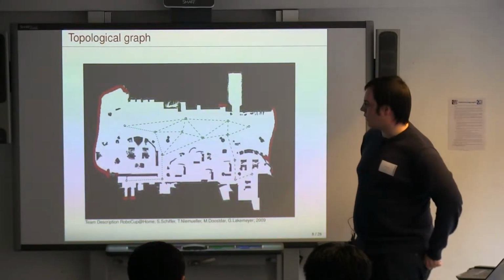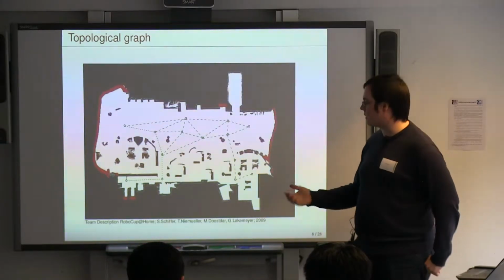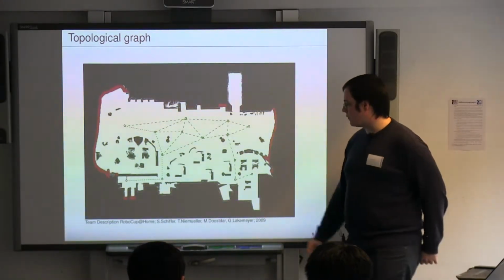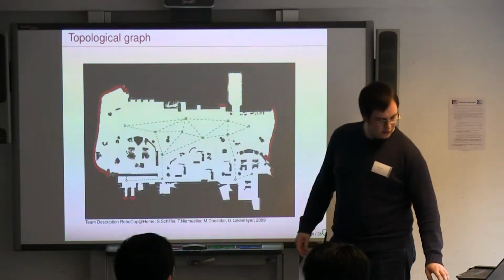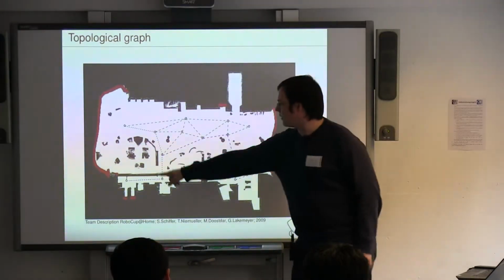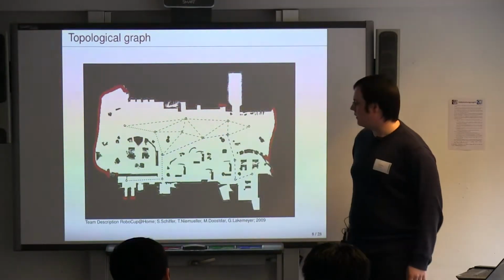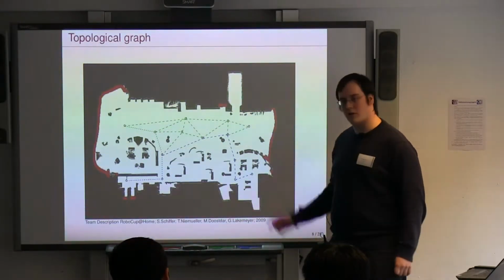So you have an abstract visualization of your environment. If you would, for example, want to drive from this point to this point, you would do a search on your graph. You would get the shortest path that's obstacle-free by the map, and then you would try to follow it.